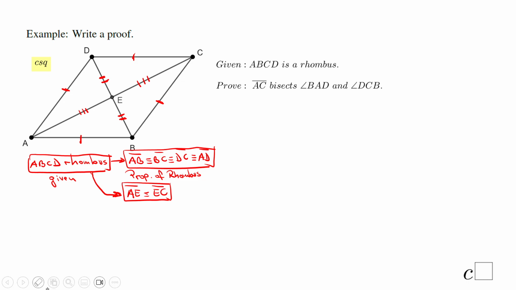For the other one, diagonals bisect each other. Okay, and now I'm going to write the next statement, very similar, DE congruent with EB. And the same reason. And I'm not so sure if I did the right organization here, but I did the right thing. The reason is diagonals bisect each other.